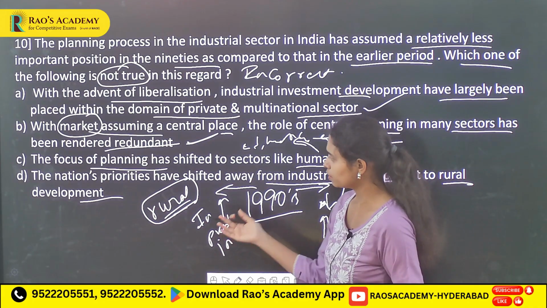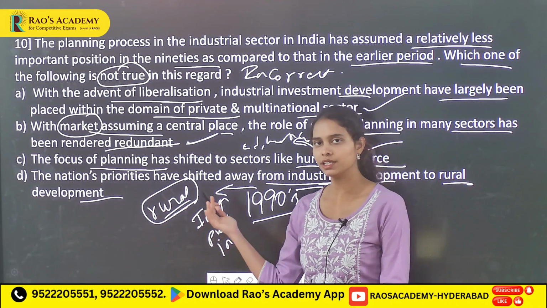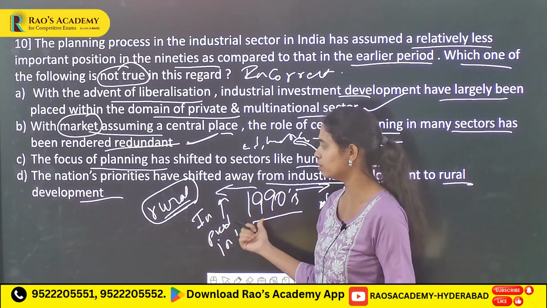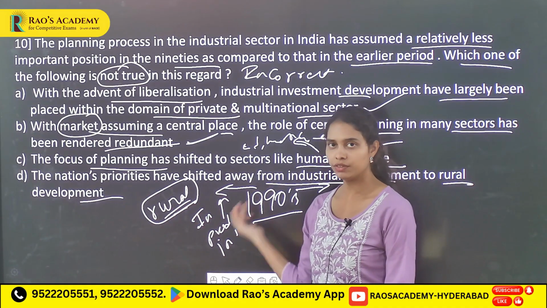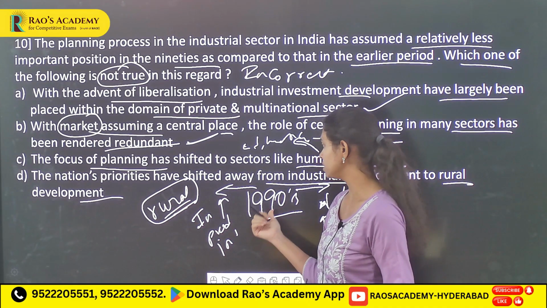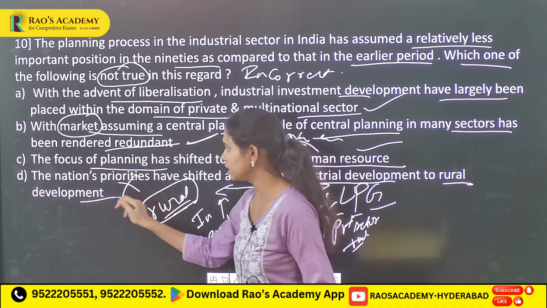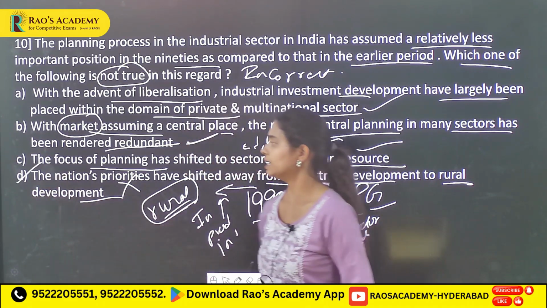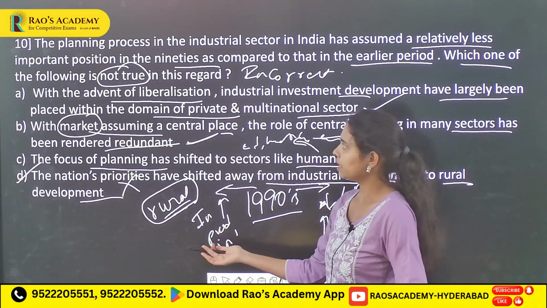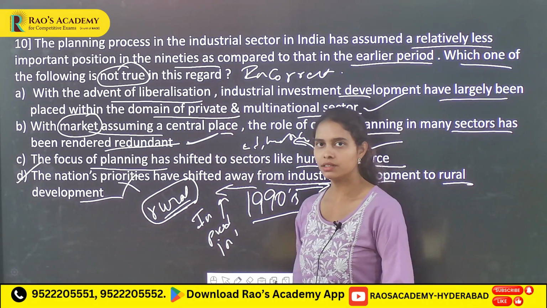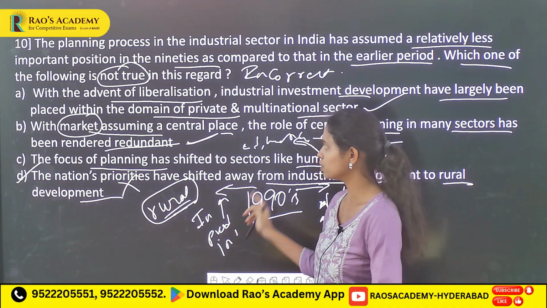Rural development programs have been started before as well as after. There is no such shifting after the 1990s from industrial development to rural development. So, it is going to be an incorrect one. So, option D is the incorrect one, which is the correct answer with regard to this particular question.